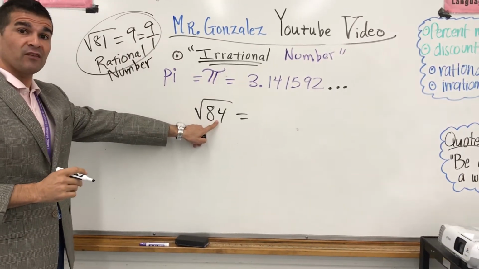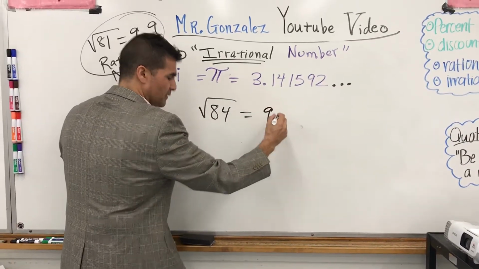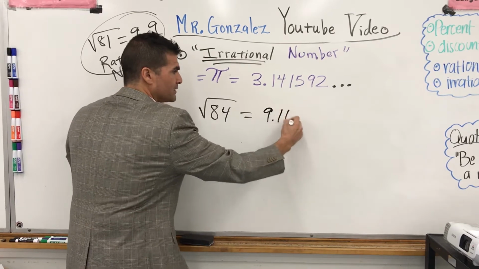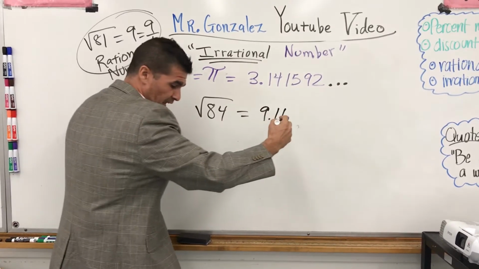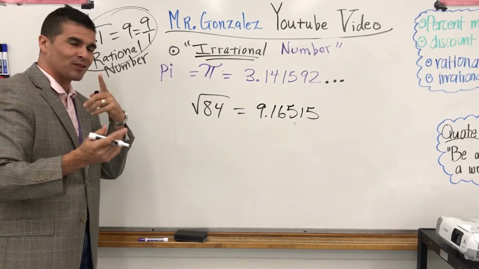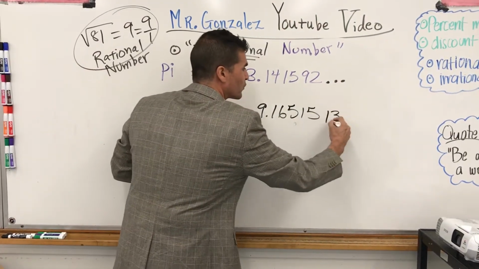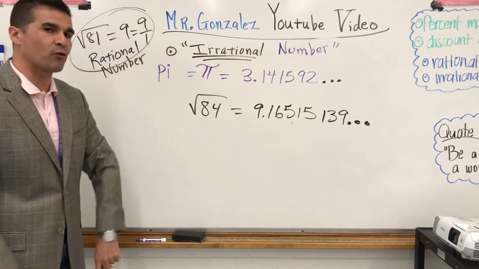But the square root of 84, it's not the same thing. See, this is going to be 9.16. Now the next number you're thinking, okay, maybe it's another 16. It's actually 515. You're thinking, okay, maybe I know the next number. It's actually 139. And then it just keeps on going forever and forever.